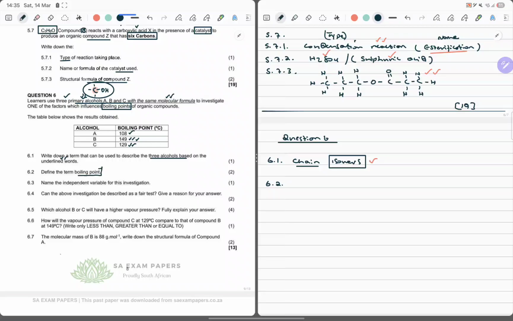Define the term boiling point. Again, guys, definitions. I don't know how many times I've been singing this. So this is the temperature at which the vapor pressure of a substance is equal to the atmospheric pressure.